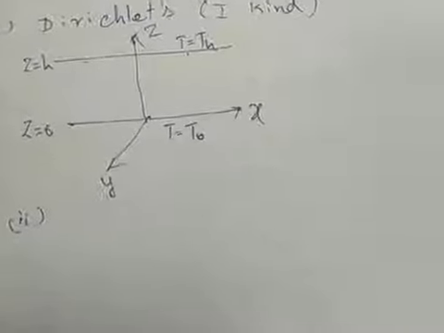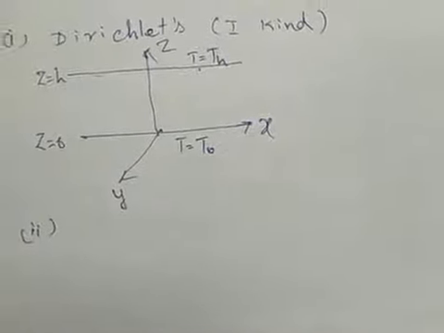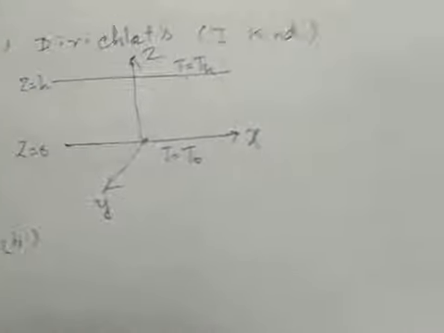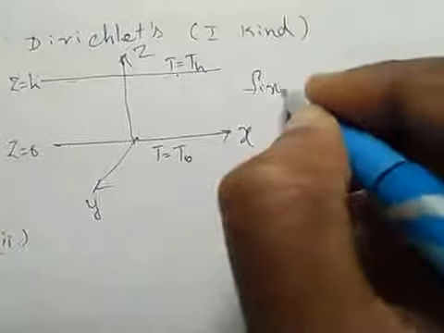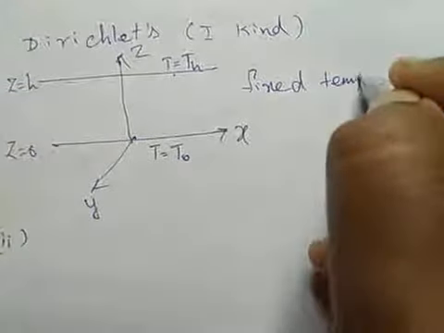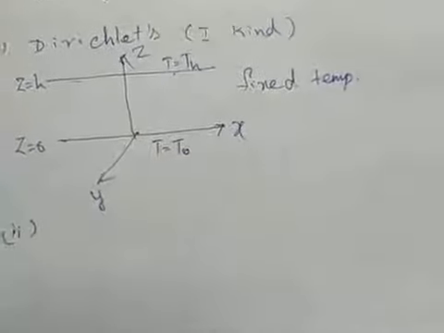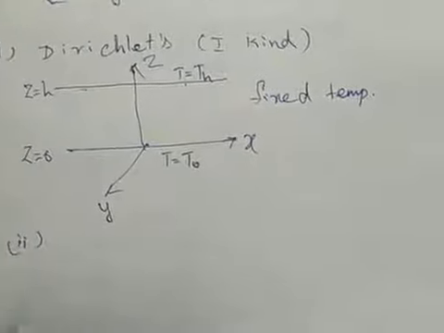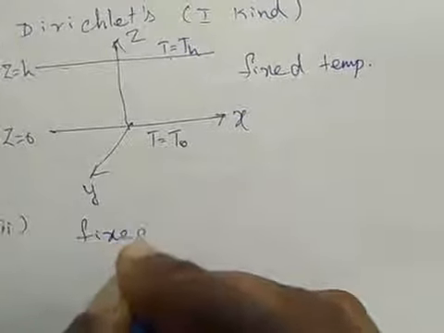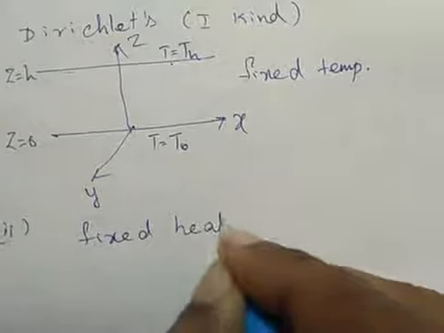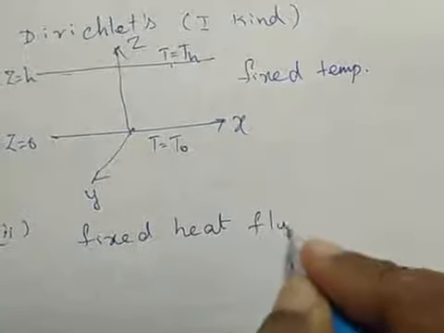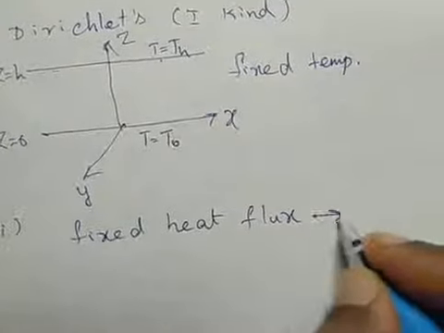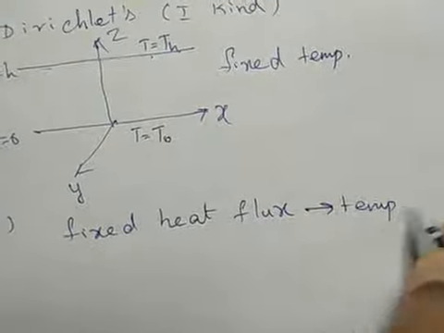So in first case, it corresponds to the situation for which the surface is maintained at fixed temperature or constant temperature. In second case, it corresponds to the existence of fixed heat flux or constant heat flux at the surface, and this heat flux is related to temperature gradient.